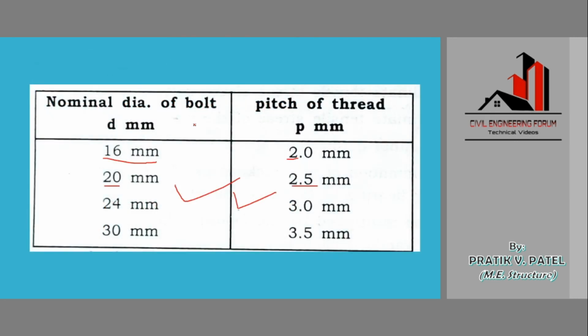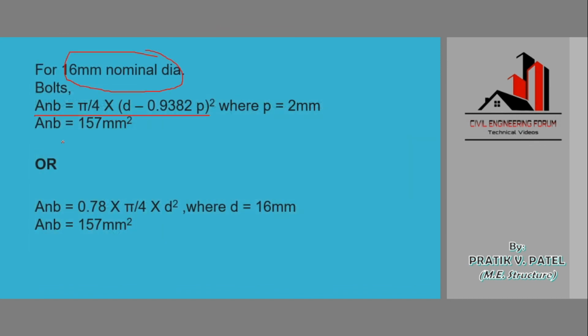We need to remember, for 16 mm it is 2 mm. So 0.9382 into 2, whole squared, will be equal to 157 mm square, and this becomes a bit lengthy. But if we directly calculate 0.78 into pi by 4 d square, where d is 16 mm, then again the answer will be 157 mm square. So this was for proving that both the formulas give the same answer.